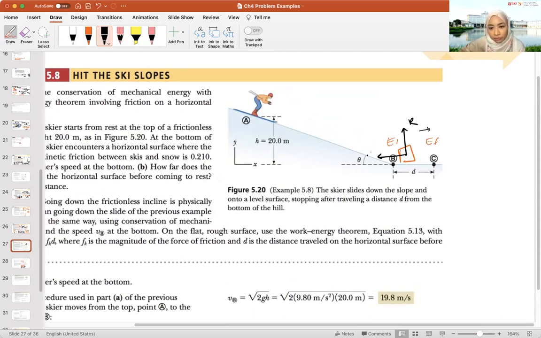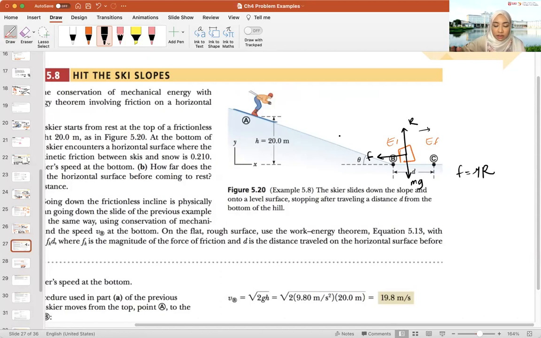I have F, which is horizontal. And F is equal to mu R. What is my R here? R equal to mg. R is mg. We're not on an incline.